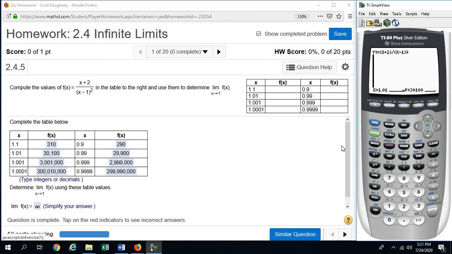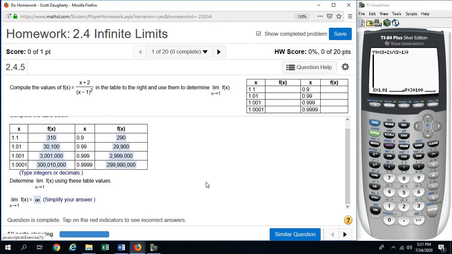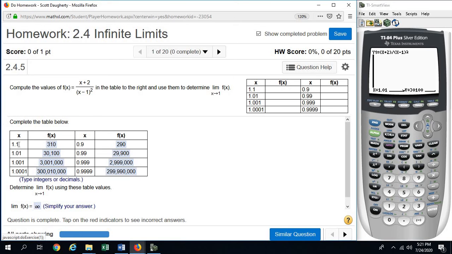Okay, and so then once you've done that, we have to determine what the two-sided limit of this function is as x gets closer to 1. And of course, you can see as x is getting closer to 1 from the positive side of 1, the y values are getting larger and larger, and so it appears to be heading towards infinity.